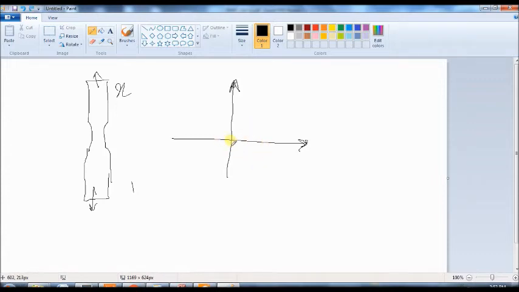there is only one circle. Let's say this is sigma 1, which is equal to sigma x, and here is, for example, sigma 2, which is 0, right? In this case, as you know, this is the shear stress and this is the principal stress, or axial stress.